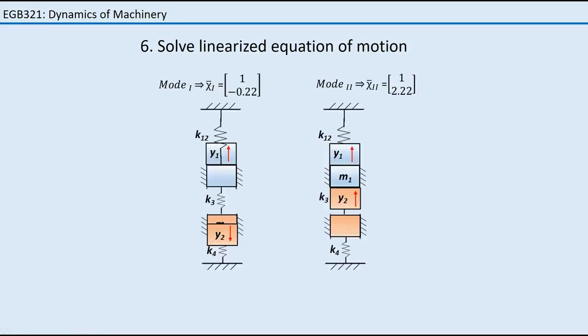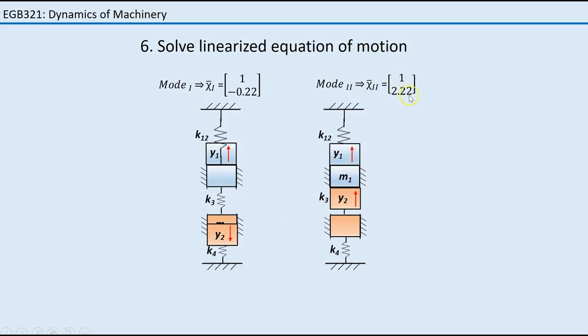So at 9.04 Hz, we get this mode shape where once mass 1 moves upward at a displacement y, then mass 2 moves downward at a displacement 0.22 y.